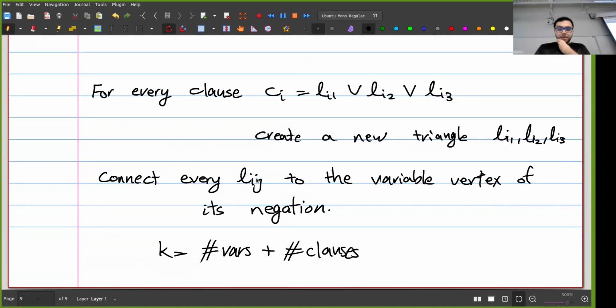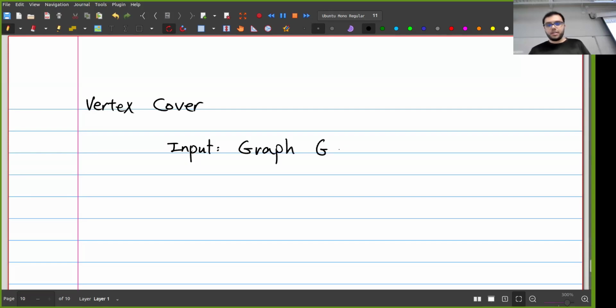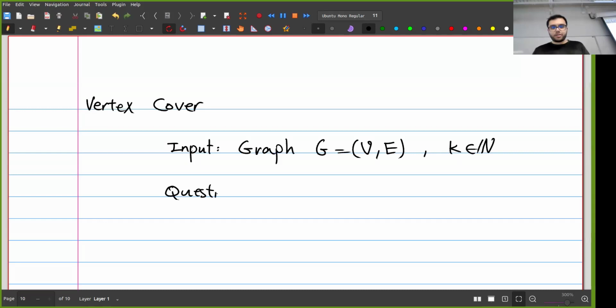Okay, so let's look at some other problems now. I want to look at the problem of vertex cover next. So this is vertex cover. My input is again going to be a graph G and some number k. My output should be yes if the answer to this question is yes.